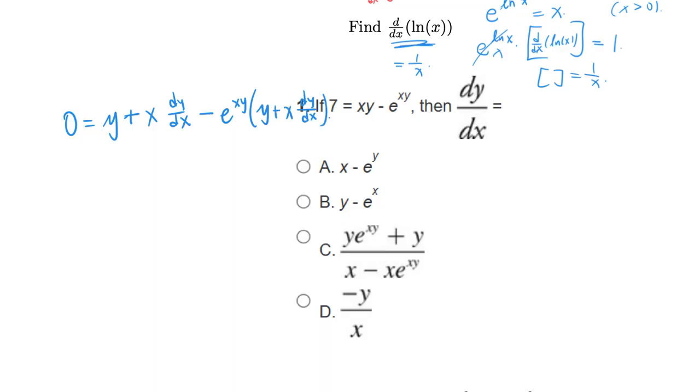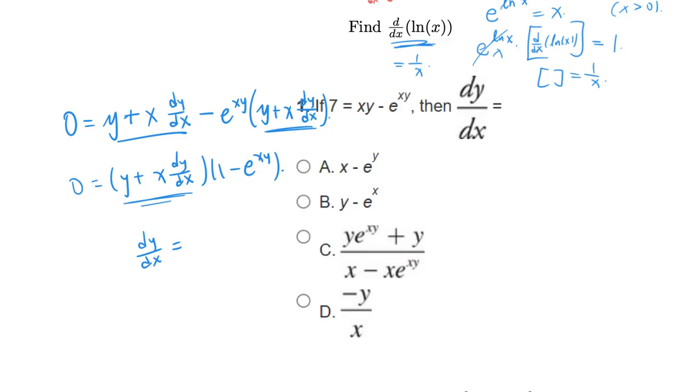Like this. And notice here, this factor is shared, right? So what we could do is just take out this factor because it's very convenient to use: 1 minus e to the xy. Then we can just solve for dy over dx, which is equal to negative y over x.